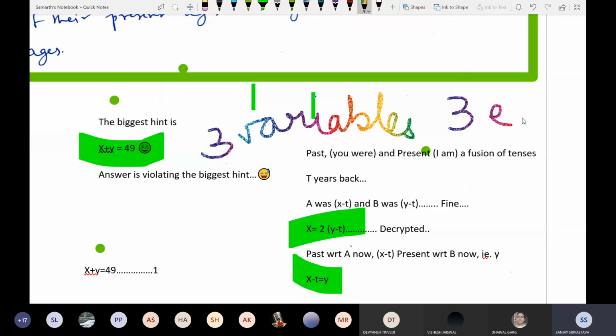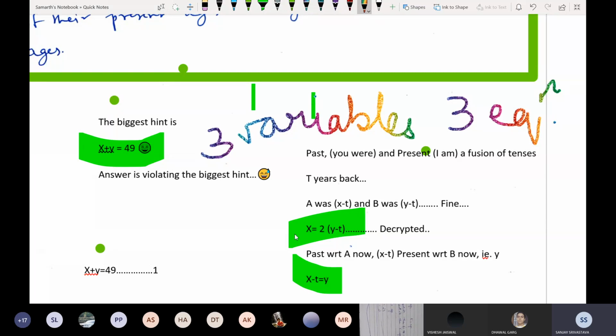You can substitute the value. If I take this equation, x minus t is equal to y, I can write x minus y is equal to t. If I substitute this value in the first equation, then I will get x is equal to 2 times y minus in bracket x minus y.